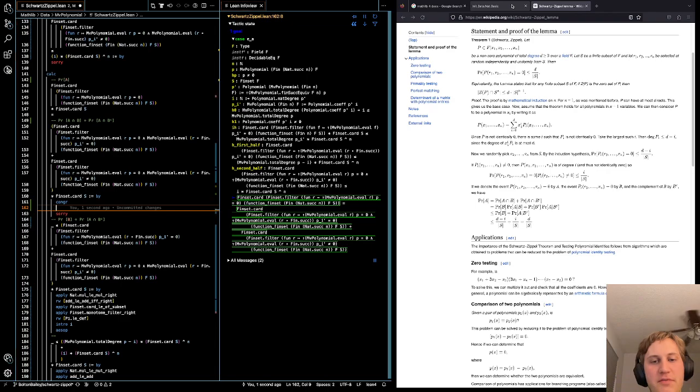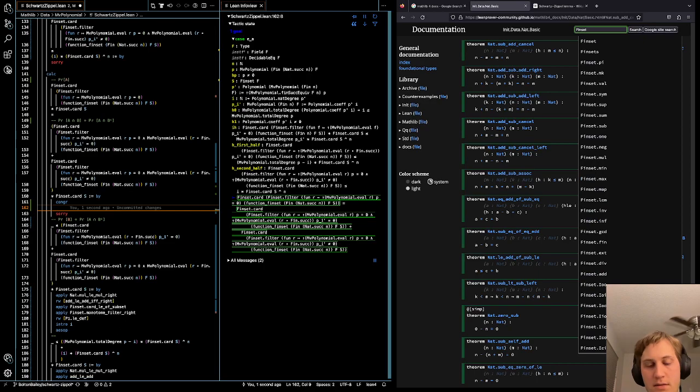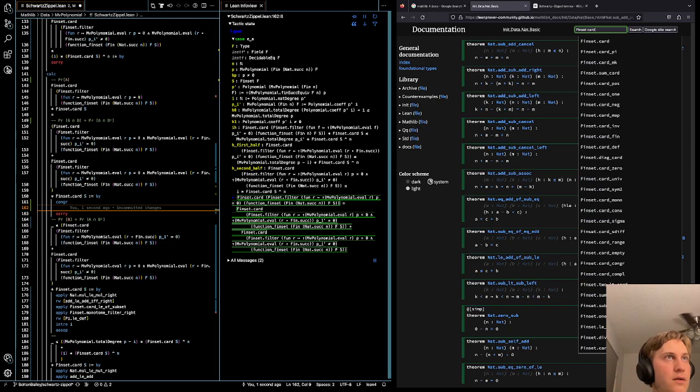Maybe principle of inclusion-exclusion. Like Finset.card, cap, card_cap.